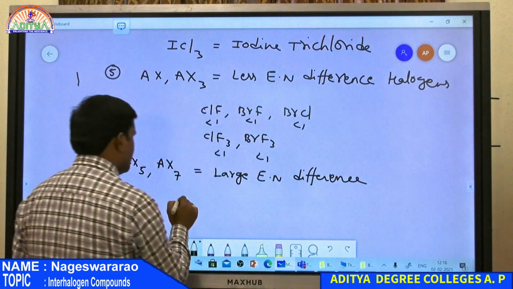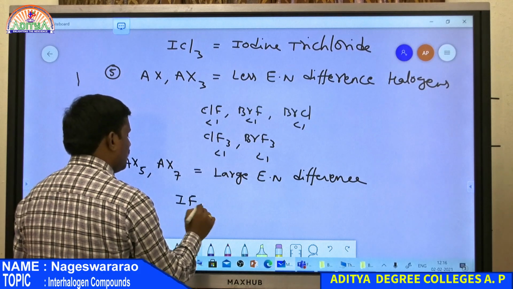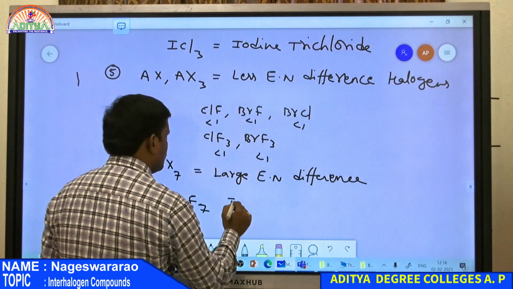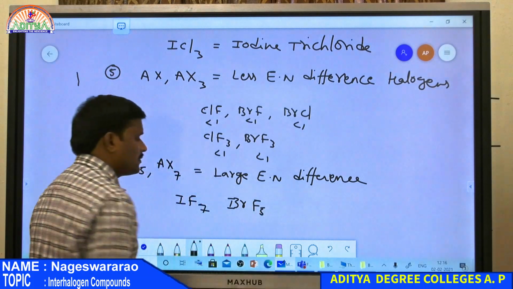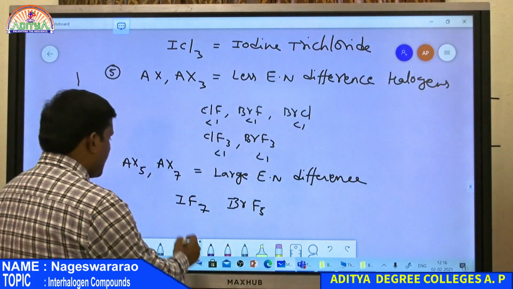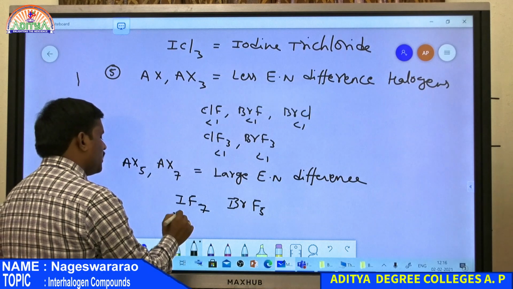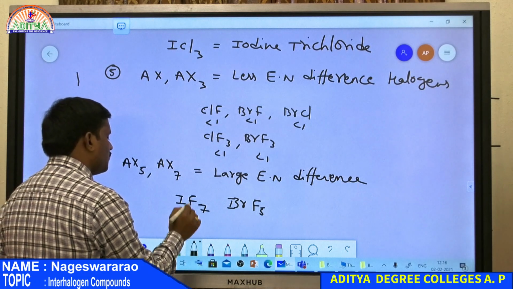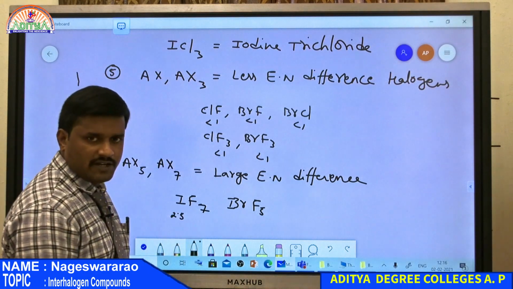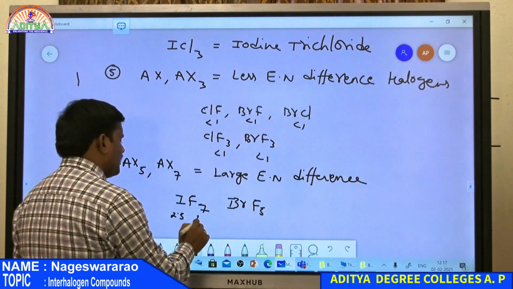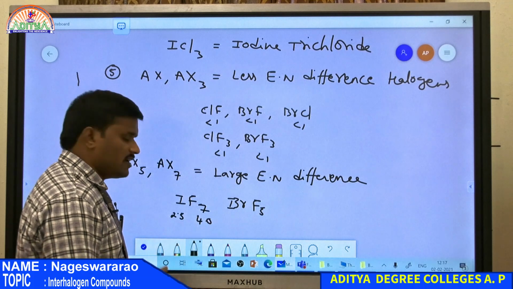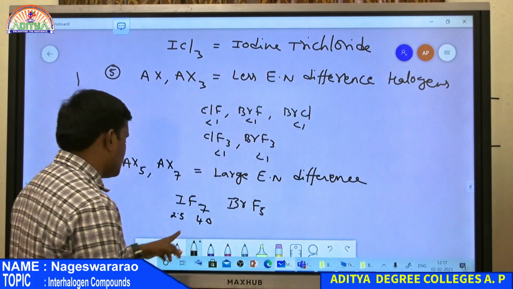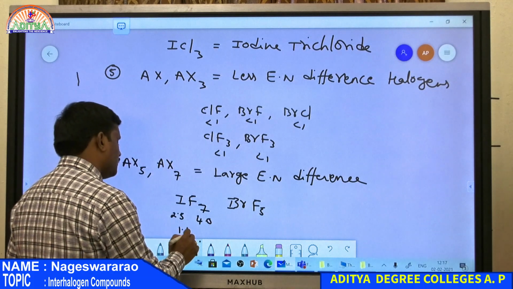Suppose IF7 or IF5 or BrF5. In this case, iodine has nearly 2.0 or 2.4 up to 2.5 electronegativity, whereas fluorine has 4.0 electronegativity. So there is a large electronegativity difference, greater than 1, nearly 1.5.